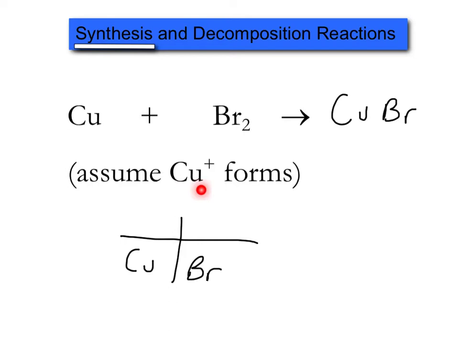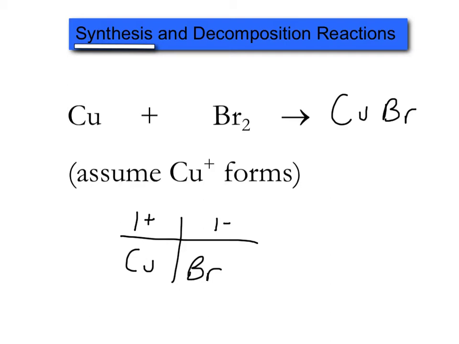For metals that have more than one possible charge, this is something that you would have to be told in the problem. So that would be copper as a +1. And then bromine, we could figure out what that charge is by looking at the periodic table and its position. We can see that it would want to gain 1 electron, giving it a charge of -1. So with our T-chart, it turns out that we do not need to add any subscripts.